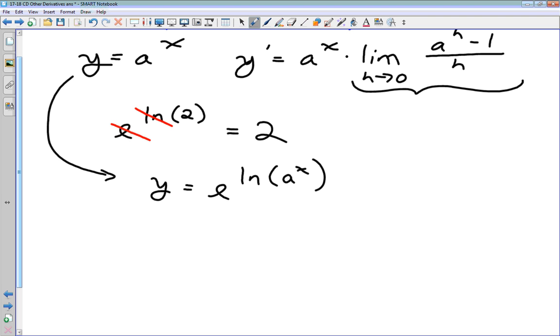Well, if I just look up at the exponent here, ln a to the x, I can apply my laws of logarithms. I'm taking the ln of something that is a to some exponent, so I can bring the exponent out in front and write this as e to the x ln a.